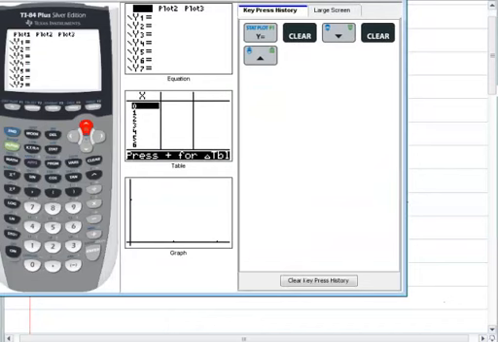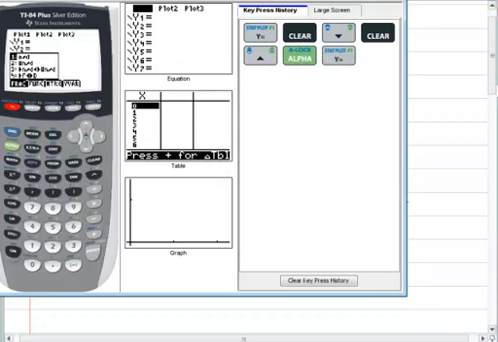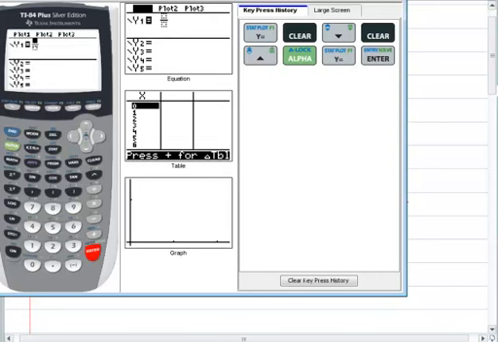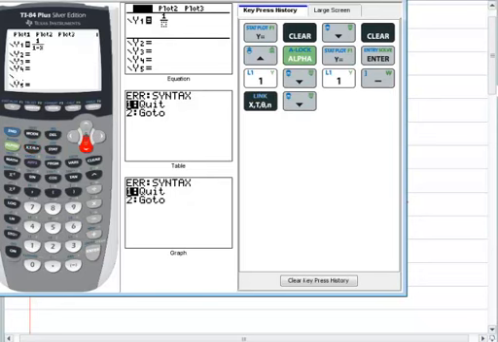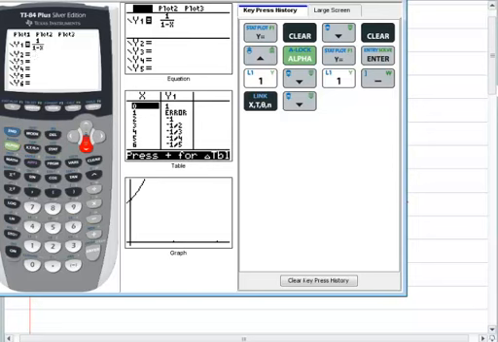I have the graphing calculator, and I'm going to put in the function 1 over 1 minus x. And I'm going to put in the polynomial.